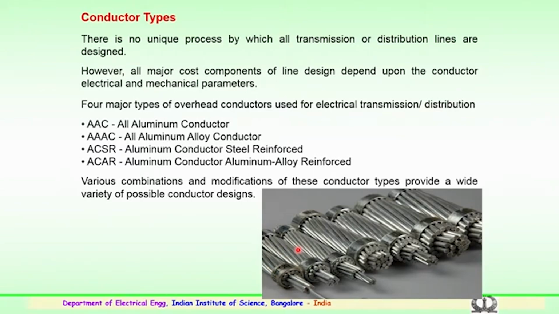So, these are the 4 major types of overhead conductors which have been in existence over a period of time.